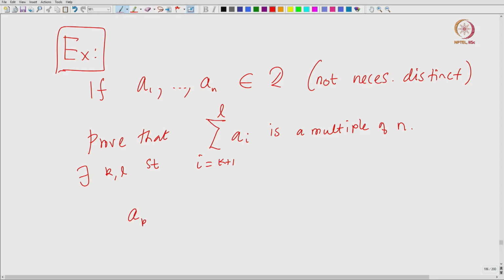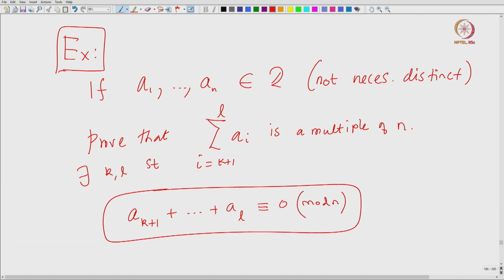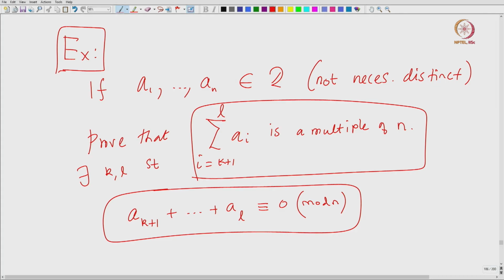So, you look at this sum a_{k+1} plus etcetera plus a_l, which is indeed a multiple of n. In modulo congruence notation, we say that it is congruent to 0 modulo n. And this is basically an existence question, and given any n integers, you will be able to prove that you always have some consecutive sums that form a multiple of n, which is a very interesting statement in its own right, which can be proved using the pigeonhole principle. Maybe we will discuss this later.